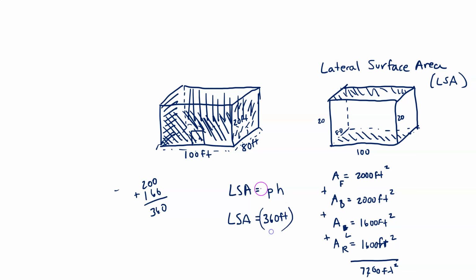And then we're going to multiply by the height. The height is 20. And when you do 360 times 20, you end up with 7,200 square feet. So we see that we actually do get to the same place with lateral surface area. Now the second type of surface area is called total surface area.